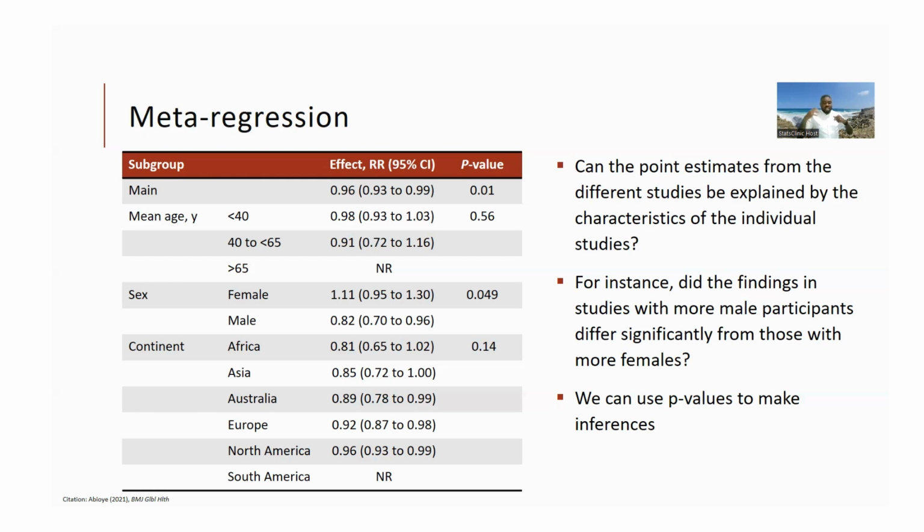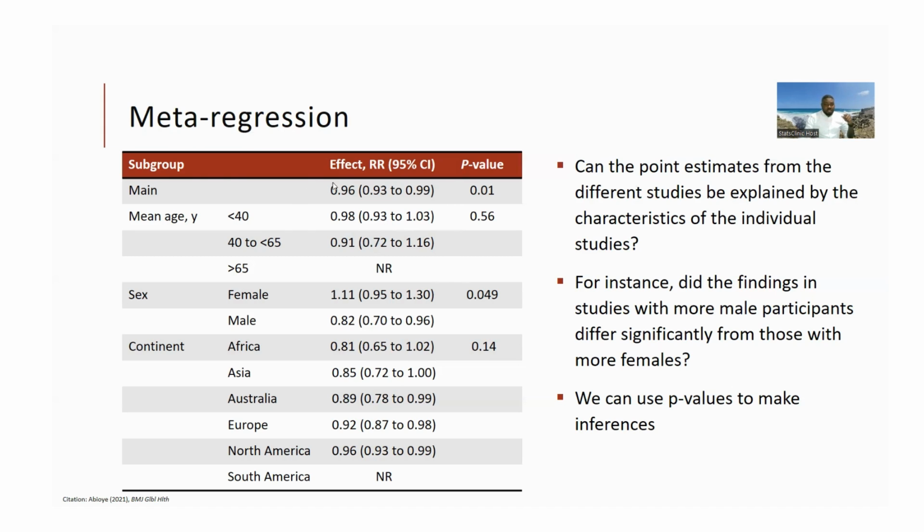Or could it be that the findings you have is because there are more elderly people in your study or there are more young people in your study, and the true exposure outcome relationship in elderly people is different from in young people. So you might be trying to understand the way that the individual characteristics of the study might be determining the point estimate that you get in each individual study, which then contribute to your pooled estimate.